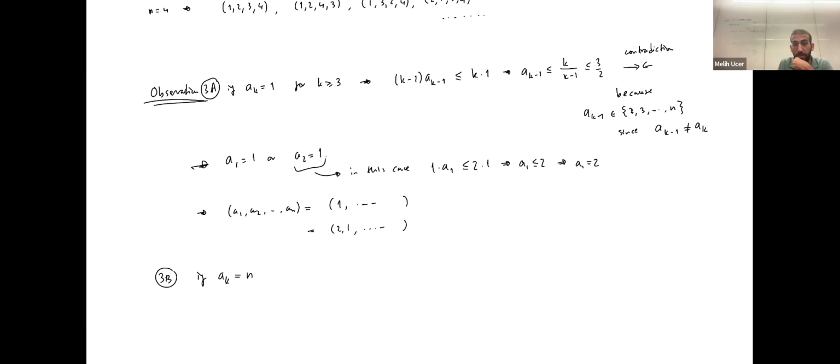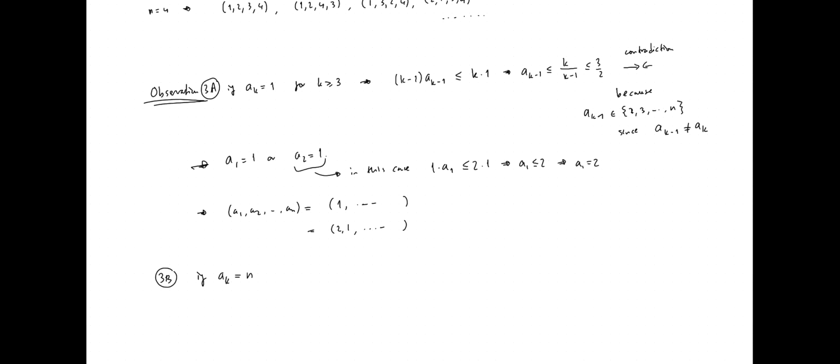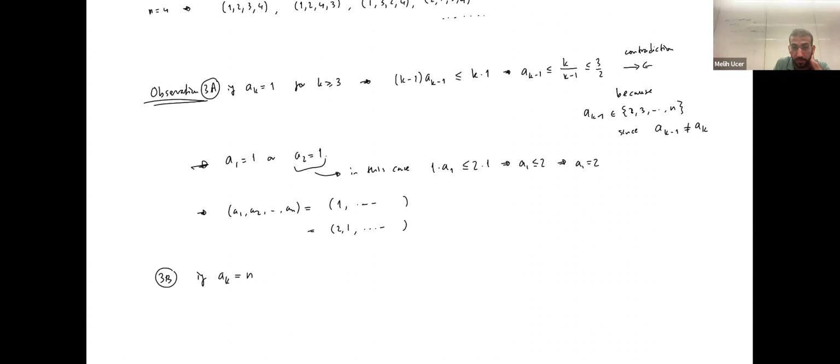So first, let's say k is either n or n-1. And then in the case k equals n-1, you will be able to say an equals n-1. But first say this. So if this is the case for k less than or equal to n-2, then there's a contradiction.